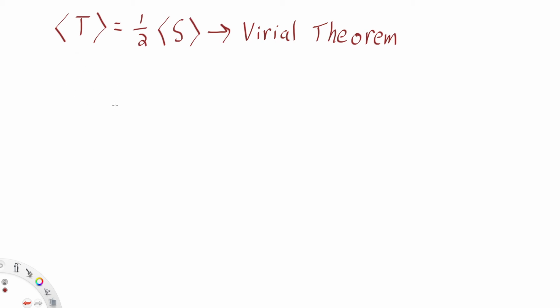But in general, if you've got some sort of oscillation that has a kinetic and a potential component, the virial theorem says that the average kinetic energy is going to be n over 2 times the potential energy, where n is the exponent for the radial dependence of the potential.